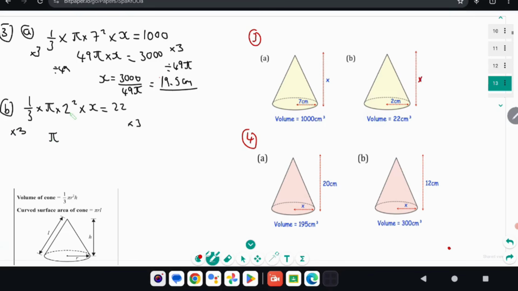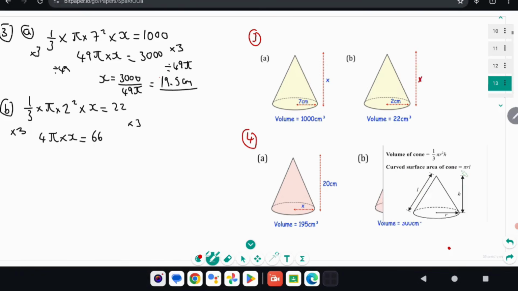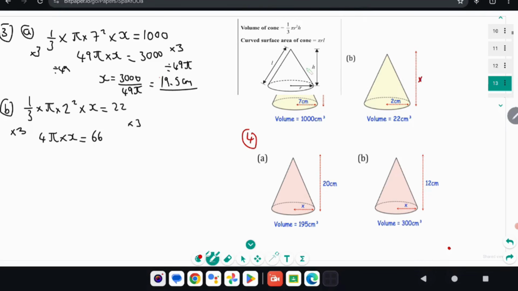Pi, 2 squared is 4, so 4 pi times x is equal to 66. I'm going to move this little formula. I'll pop it over there now, and divide both sides by 4 pi. x is equal to 5.3.